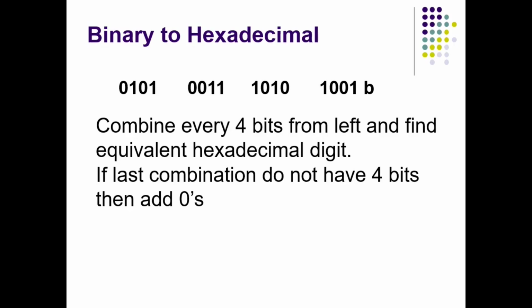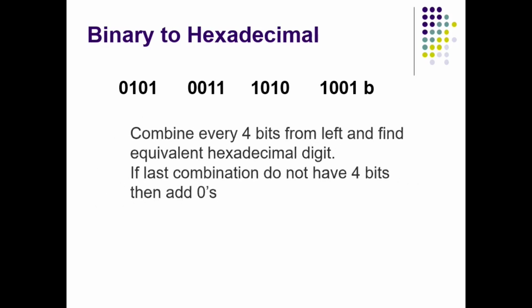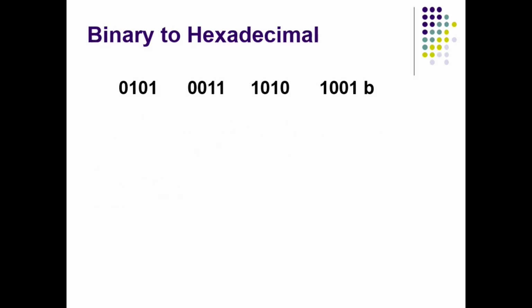Now let us see how this theory works. There is a number given here which is 16 bits in size, so this is a 16-bit binary number. How to convert it to hexadecimal? We start from the right side. We combine 4 digits, that is 1001. What is 1001?